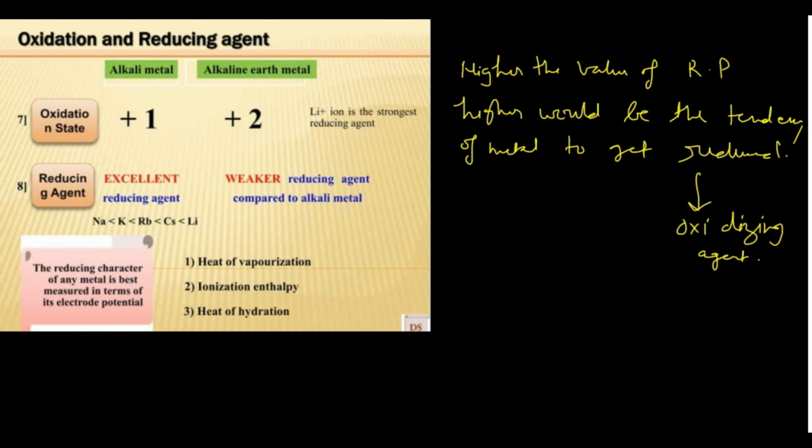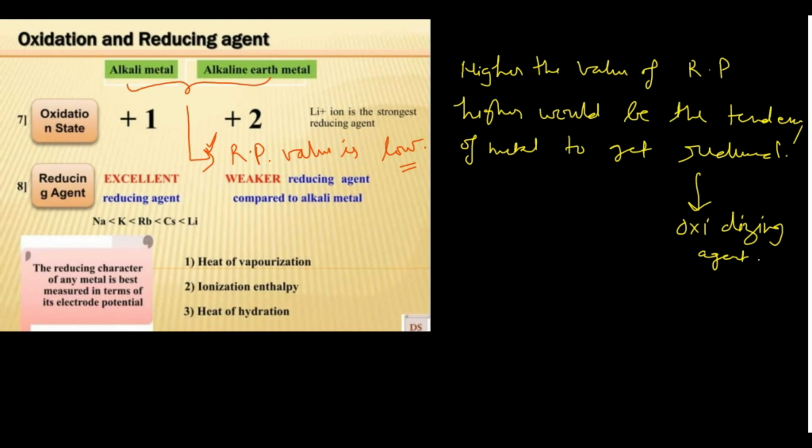And for alkali metals and alkaline earth metals, please remember, for both of them the value of the reduction potential is quite low. Since the reduction potential of these two is quite low, they will not have a general tendency to undergo reduction; rather they will undergo oxidation, and the species which is undergoing oxidation will act as a reducing agent.